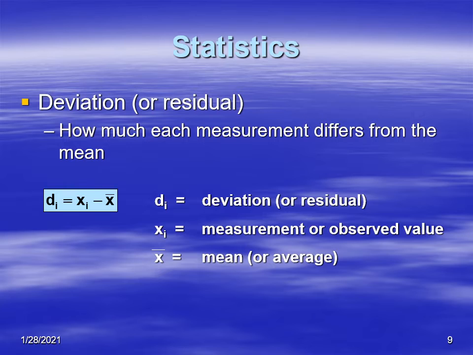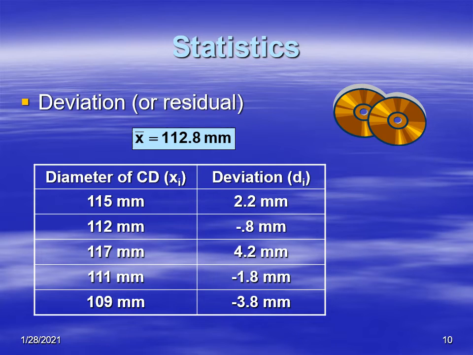The deviation, also known as residual, is how much each measurement differs from the mean. So you take the true value, or the mean or the average, subtract the measurement, and that gives you D, or the deviation. Here's an example with our CDs. We had an average of 112.8 millimeters.